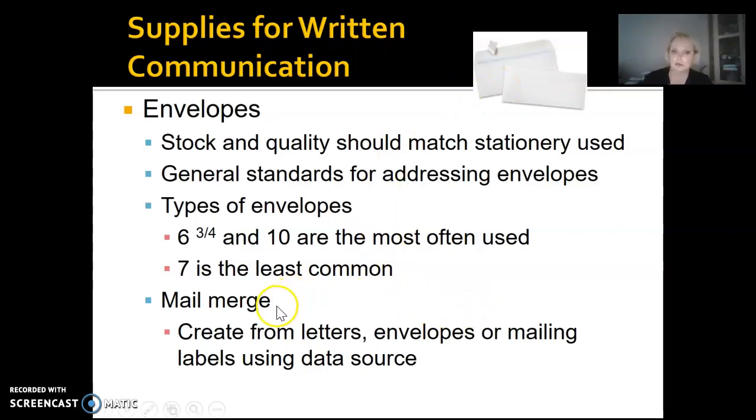And a mail merge is a way to, let's say you want to send out a letter to 150 patients. You can use mail merge to generate those 150 letters, and each of the letters is going to have a different patient's name on it so that you can easily create those 150 letters, and then you would just fold them and stuff them into your envelopes.